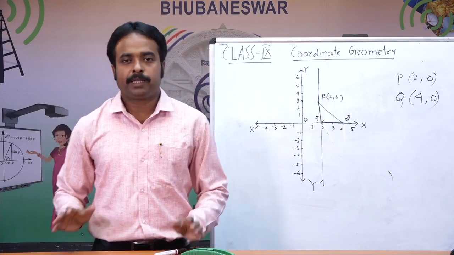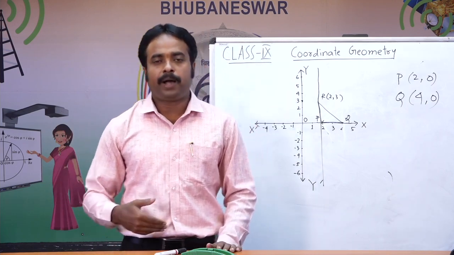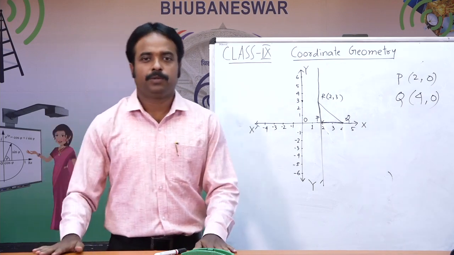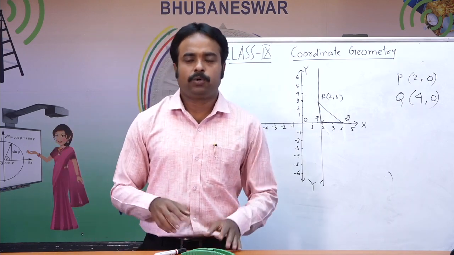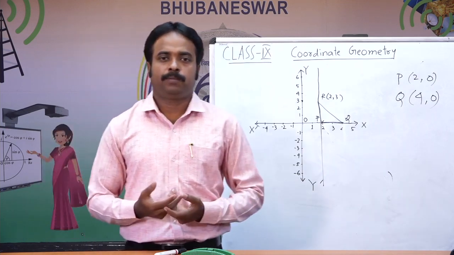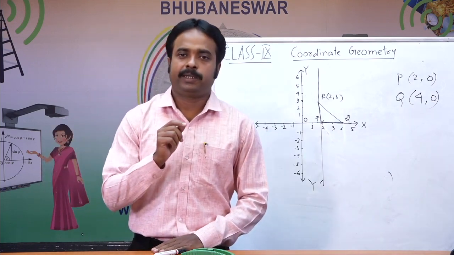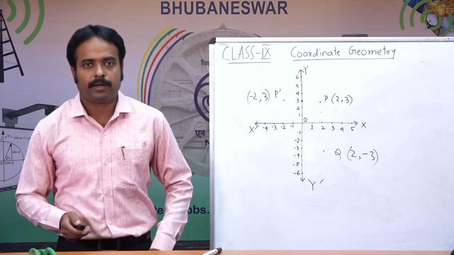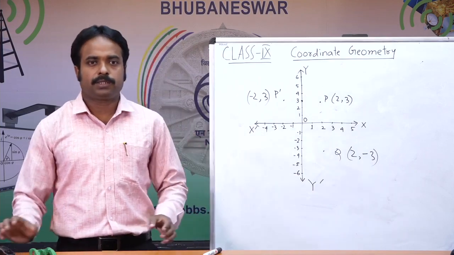We are getting an infinite number of values of R. If the question asks to take any point R, you may take any one of these points, and triangle PQR is a right triangle. Now let me give you another assignment.